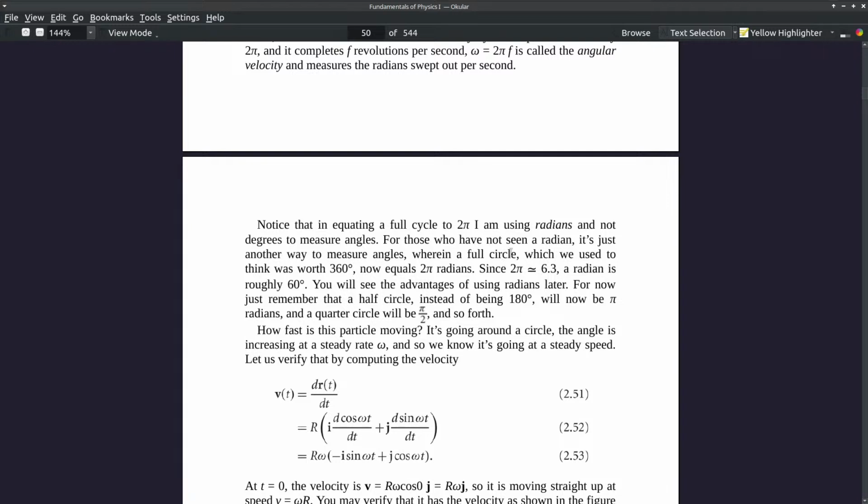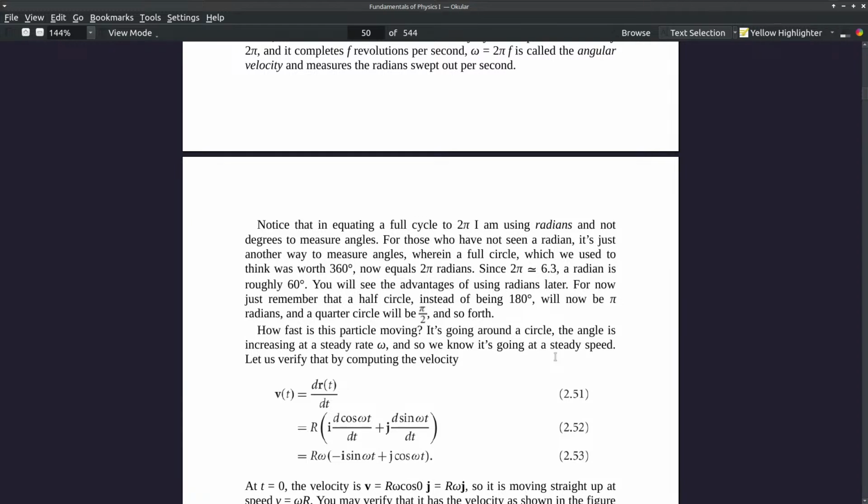For those who have not seen a radian, it's just another way to measure angles. A full circle, which we used to think was worth 360 degrees, now equals 2 pi radians. Since 2 pi is approximately 6.3, a radian is roughly 60 degrees. You will see the advantages of using radians later. For now, just remember that a half circle, instead of being 180 degrees, will now be pi radians, and a quarter circle will be pi over 2, and so forth.